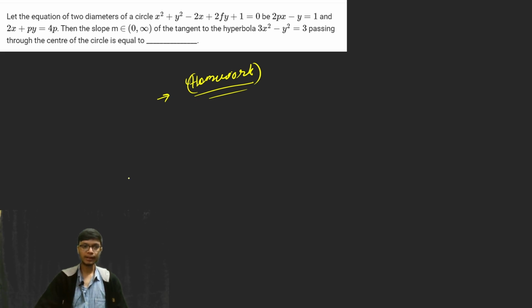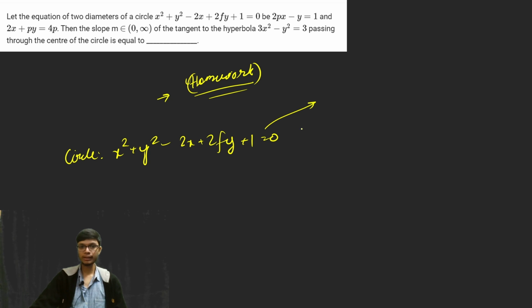It is saying that there are the equations of two diameters of a circle. There is a circle x² + y² - 2x + 2fy + 1 = 0. For a circle there can be infinitely many diameters.